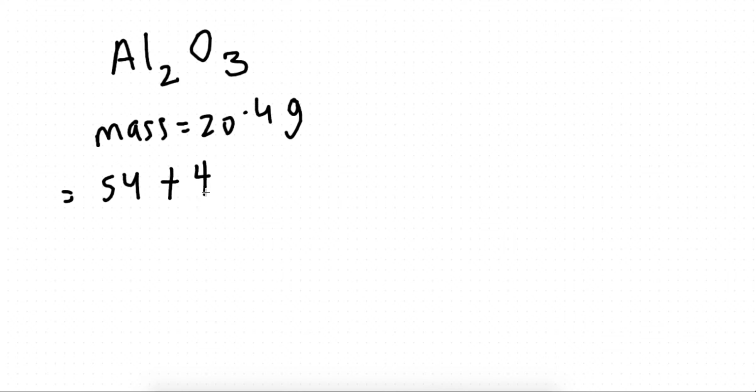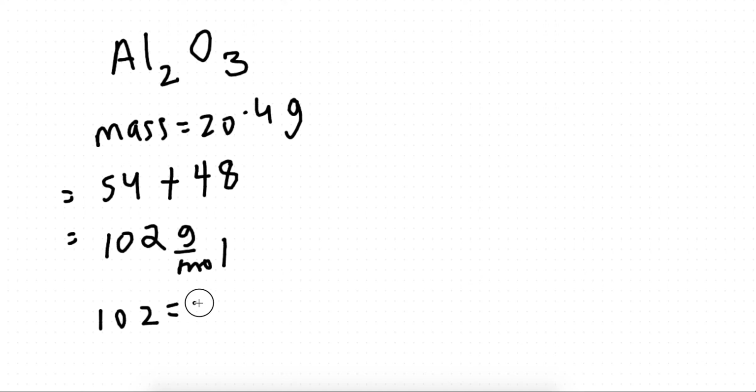So, we get the molar mass to be 102 gram per mole. So 102 equals mass, which is 20.4, over number of moles, which is x. 102x equals 20.4, x equals 20.4 over 102, x equals 0.2 moles.